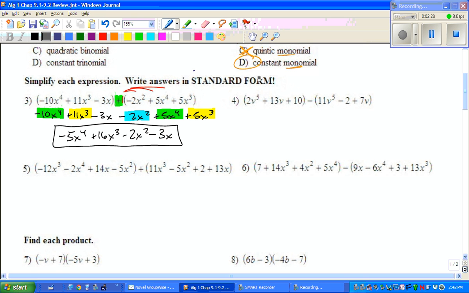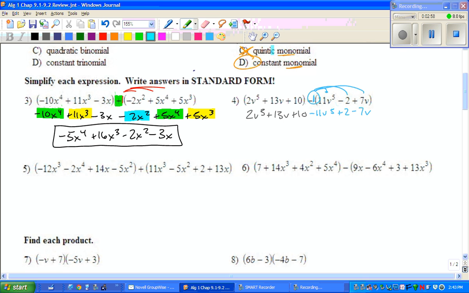Okay, number 4. The first part stays the same. And on the back now, you're distributing a negative 1. And when you do that, you have to change all of the signs. Okay, and now that we've done that, we just find the like terms. There's nothing with the cubed. That's actually to the 5th.